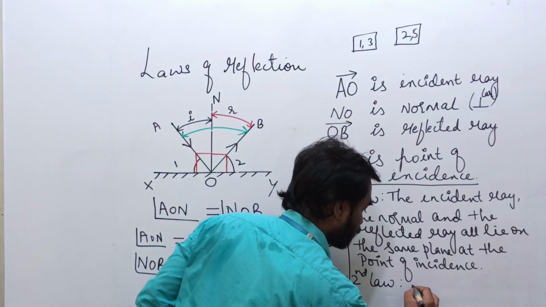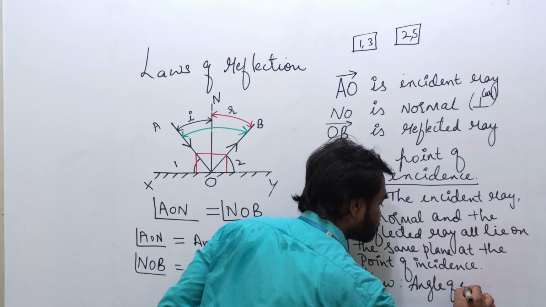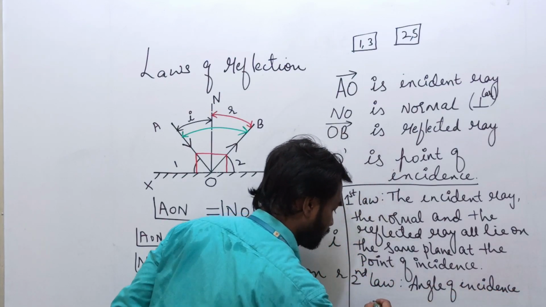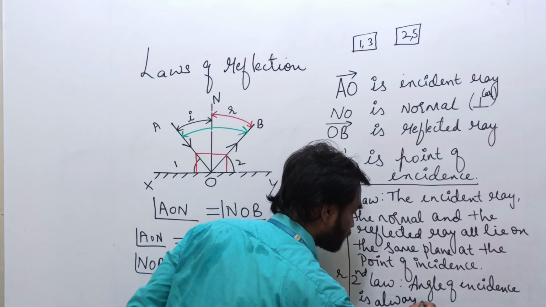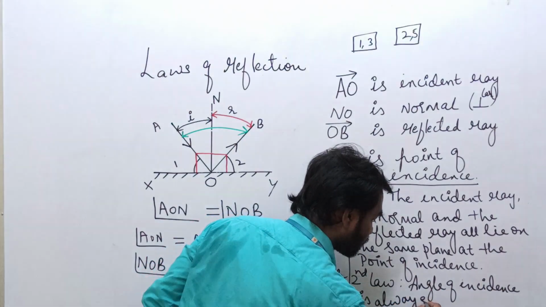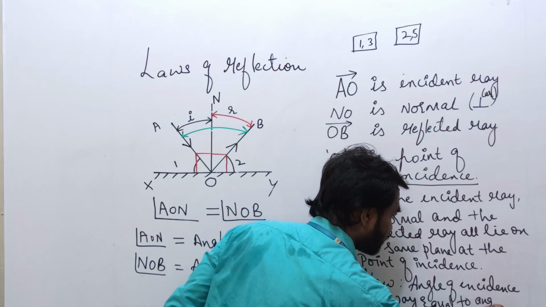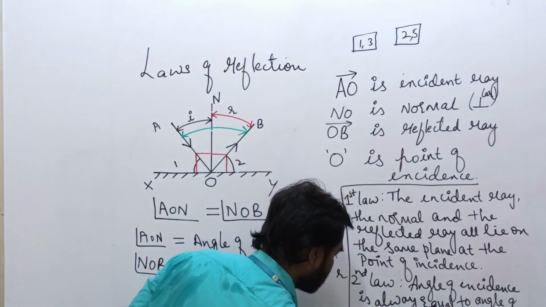So what does the second law say? The angle of incidence is always equal to the angle of reflection.